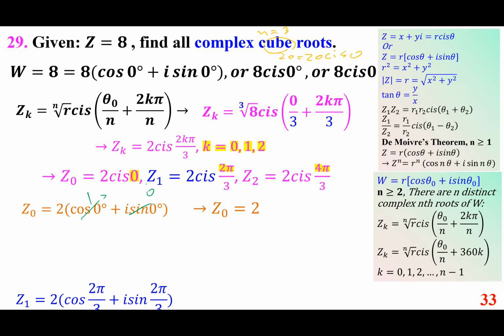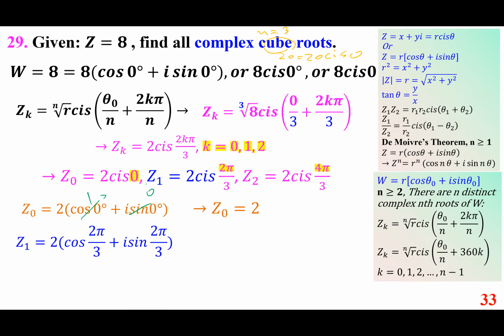Z1 is 2 cis 2 pi over 3. Now, 2 pi over 3 is the same as pi over 3 as far as the reference arc is concerned. Cosine is negative in the second quadrant, but sine is positive. You multiply it by 2, you get -1 plus i square root of 3.